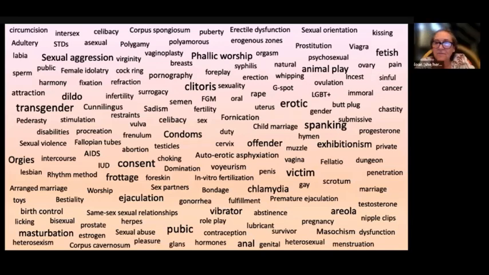Excellent. Exactly. Transgender people are people who feel like they were born in the wrong body. And so they want to be the other gender. Okay, next.